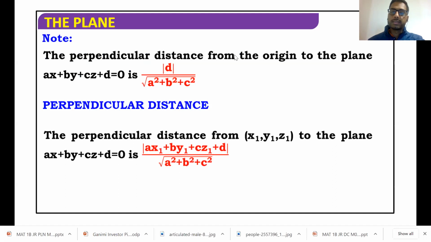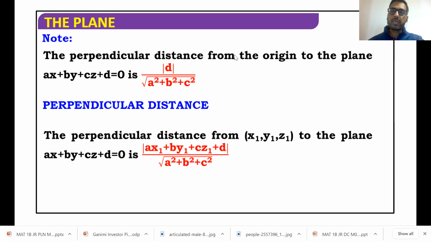Also, the perpendicular distance is given by using this formula: ax1 plus by1 plus cz1 plus d upon under root of a square plus b square plus c square. So compare this with the perpendicular distance of a point to a line. In the case of a line, we had the perpendicular distance formula as ax plus by plus c upon under root a square plus b square. So for a line, we had 2 coordinates, x and y. In the case of a plane, we are having 3 coordinates, x, y, and z.